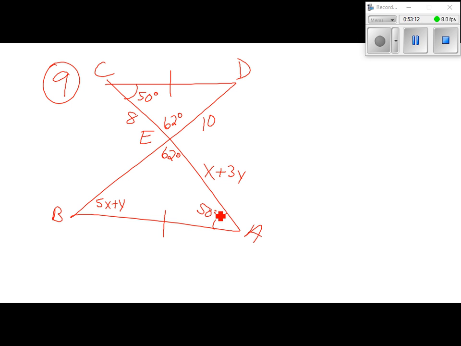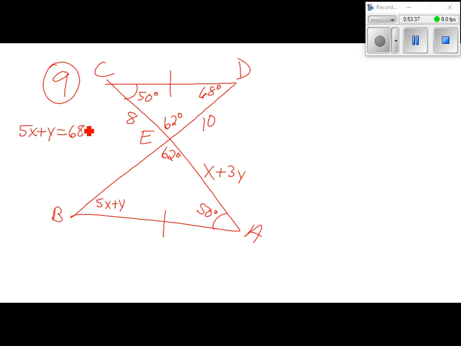68, does everybody agree with that? Yeah. Now, what's 5x plus y have to equal then? 68. What else do we know? Don't look at my triangles because they're not drawn correctly. What's true about these two triangles?